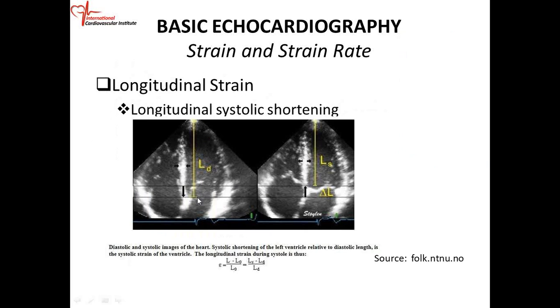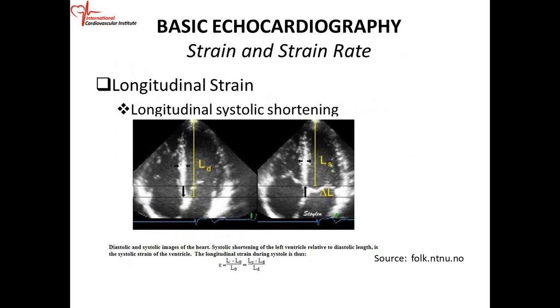Okay, and then in systole, the base of the heart moves upwards. Okay, so it moves up, and you can call this delta L if you want. So it moves up this amount. Okay, so it shortens. So your strain would be LS minus LD divided by LD. So this is your strain.